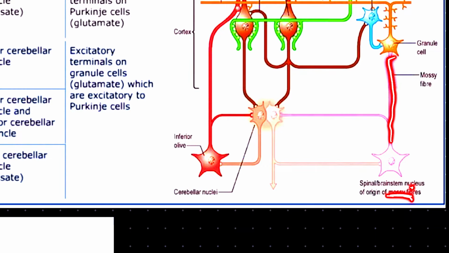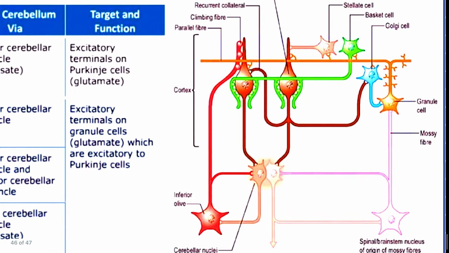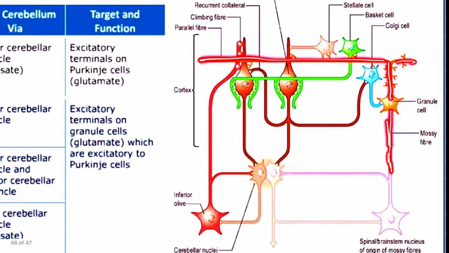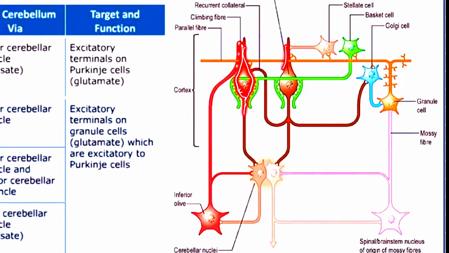As it carries it, it will excite the granule cell. As the granule cell is excited, the parallel fibers will excite all the other cells, like stellate, basket, Purkinje, Golgi, everything. So the information is being passed among 5 cells and also reaching the Purkinje cell.